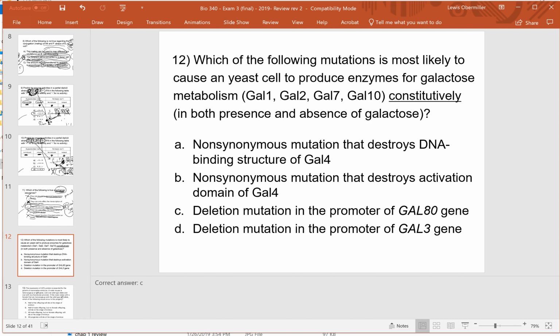Okay, galactose metabolism. We haven't really talked about galactose yet, but we will go over this tomorrow. GAL1 is galactokinase. You guys remember what a kinase is? It adds a phosphate to a molecule. GAL2 is permease.